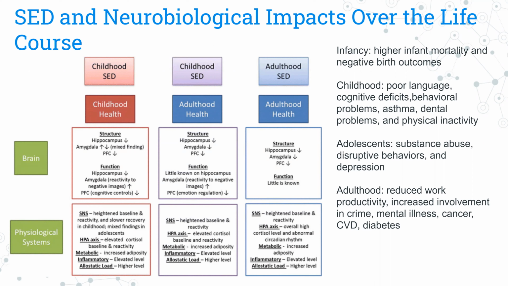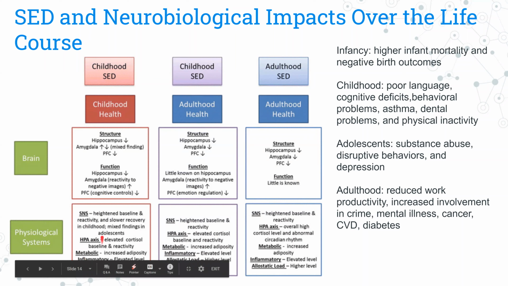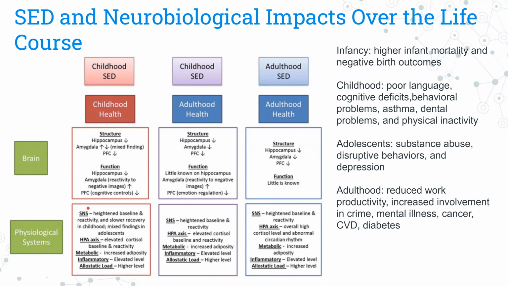And so anything that could possibly stress you out, the door slamming, whatever, it's going to be really hard to calm down because you don't have that connection between your prefrontal cortex and your amygdala to tell it, hey, it's nothing, let's pay attention. And then you have the metabolic impacts, the inflammatory impacts, you still have that allostatic load concept going on.